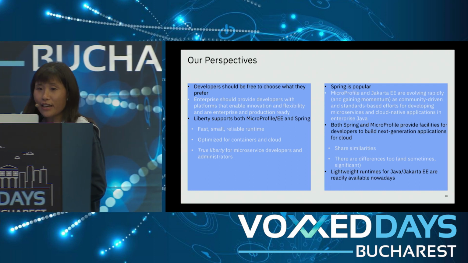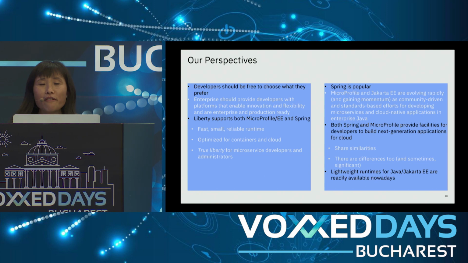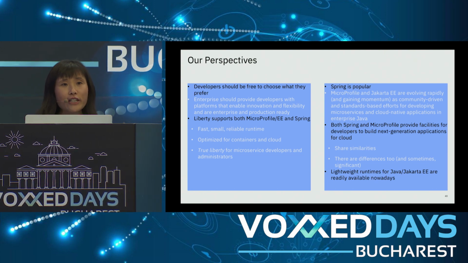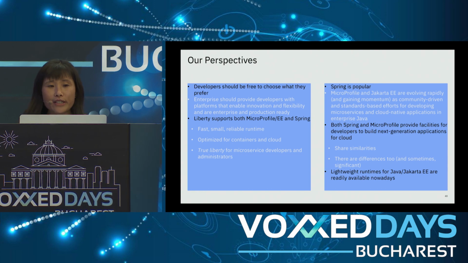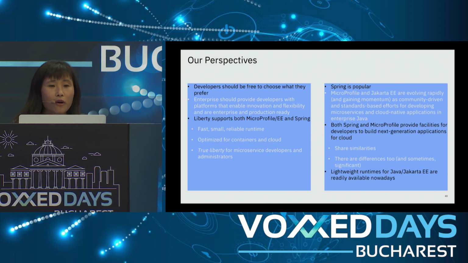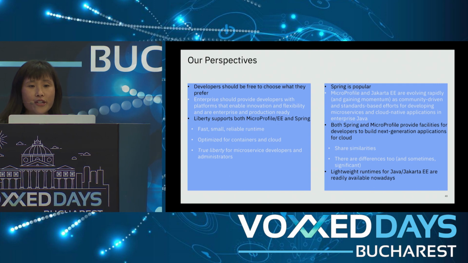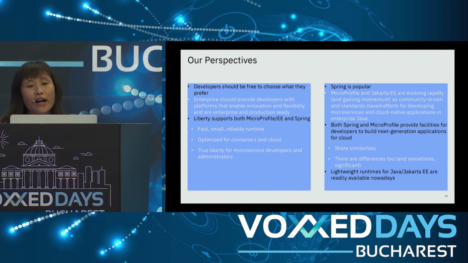So basically, you now have the freedom to choose which programming model you need. For enterprise developers, it is very easy to move to MicroProfile. Liberty supports both Spring and MicroProfile, and obviously favors MicroProfile and Java EE technology. MicroProfile and Jakarta EE are both under the Eclipse Foundation.